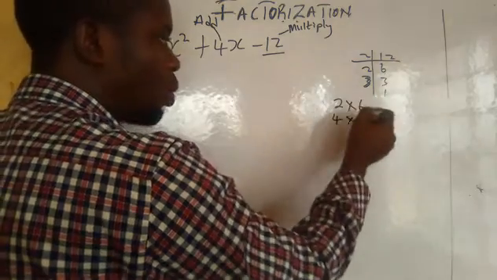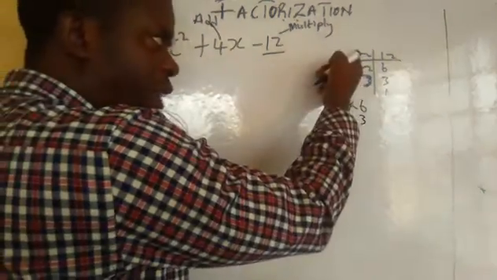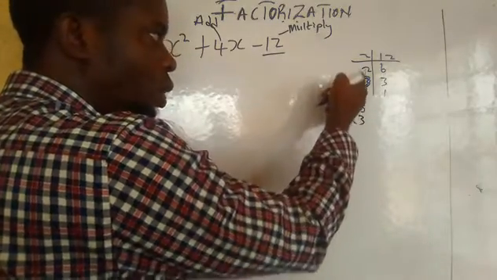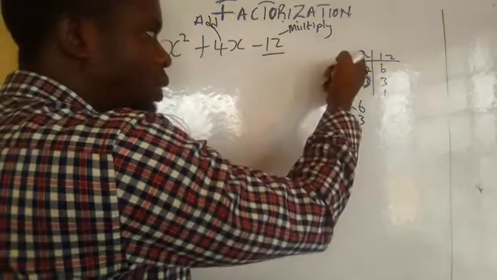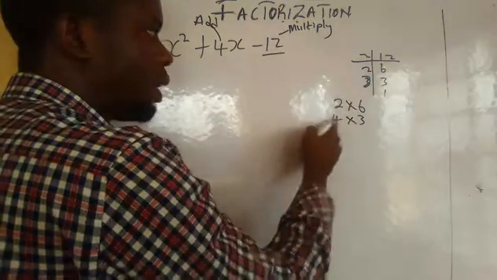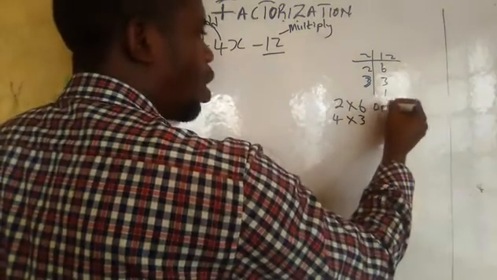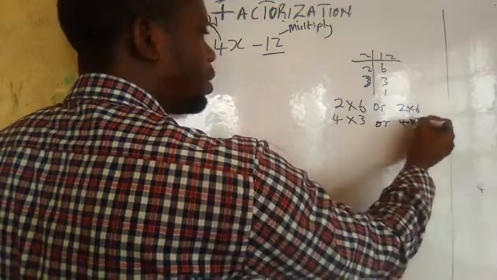times the last one. Do you understand what I did? I took the first one, 2, then I multiplied the remaining 2, 3, gives me 6. The second time, I take 2 times 2, 4, then I take the last times the last one, 3. So when you have it like this, just write 2 times 6 or 4 times 3.